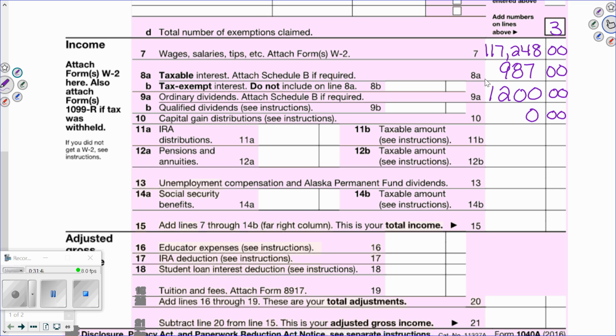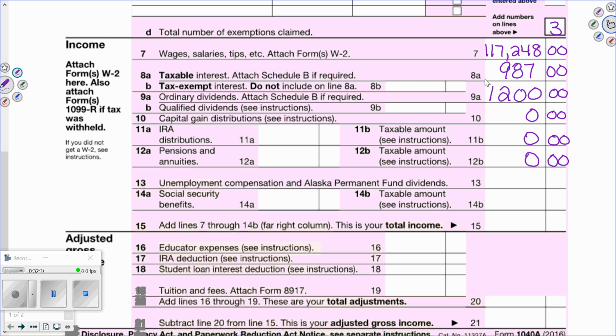All right, 11, IRA distributions. Did it say anything about IRA distributions? Nope. 12, pensions and annuities. Anything about pensions or annuities? Nope. Unemployment compensation, or that Alaska Permanent Fund dividends.